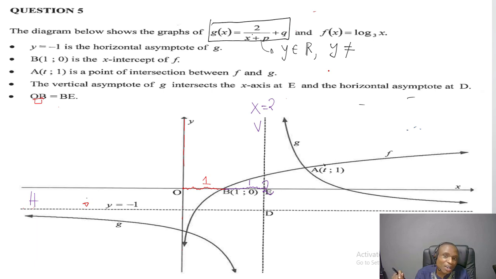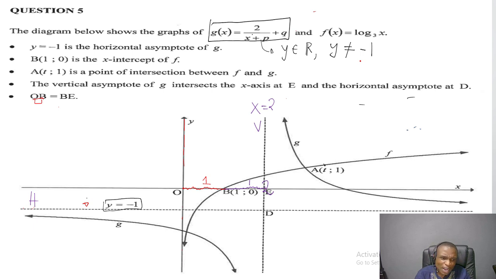Y can be anything, but y should not be the y asymptote. Do we know the y asymptote? Oh yes, it is here. Remember, y equals -1 is the horizontal asymptote of g. So we say y can be any real number, y should not be -1. So this is the range of the function g.